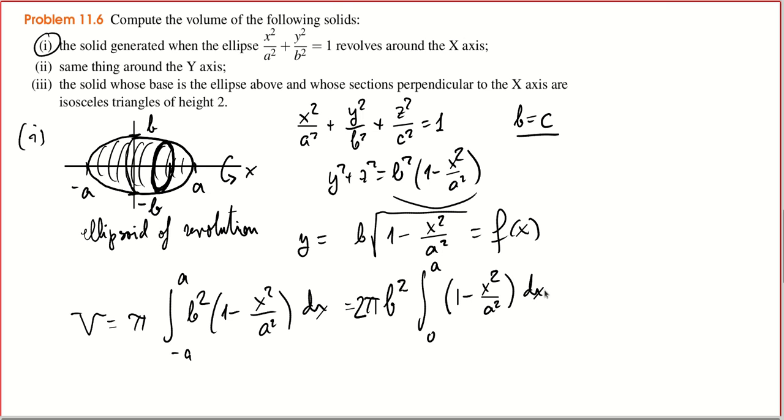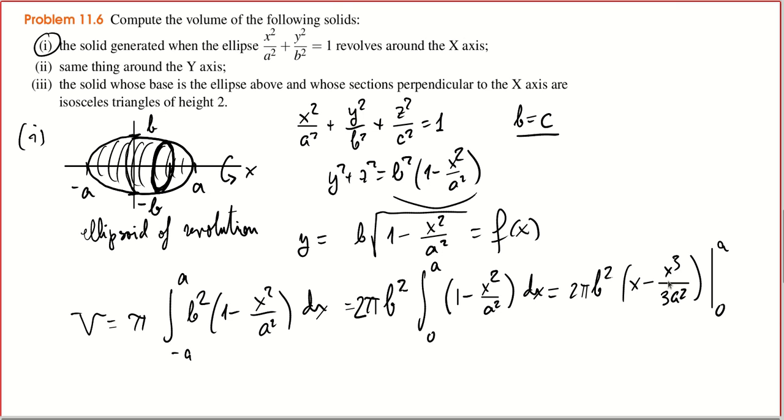Okay, so that would be equal to this, with a squared dx. And the primitive of this is straightforward. It's just x minus x cubed over 3a squared. I have to substitute on 0 and a.